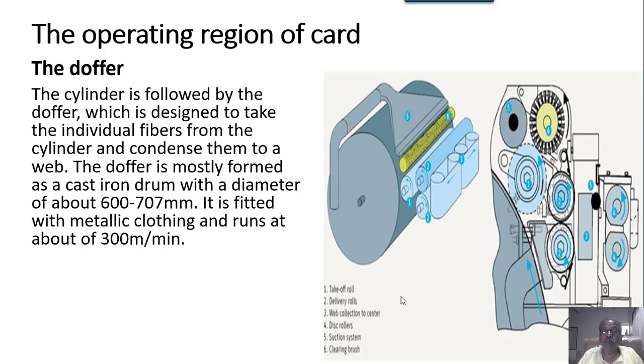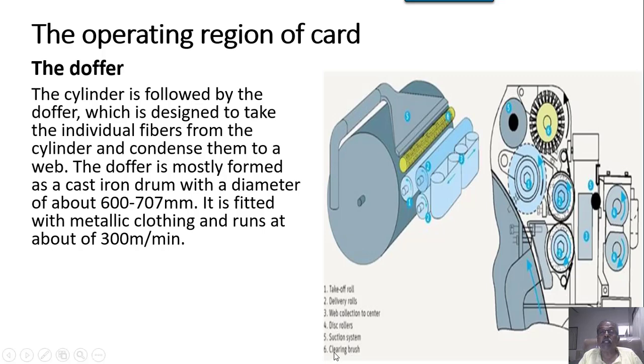The doffer, the doffing side: we have made a lot of changes in this one. As we can see, this roller is the takeoff roller, which strips the material from the doffer. Then you have the delivery roller, number 2. Here there is a brush.